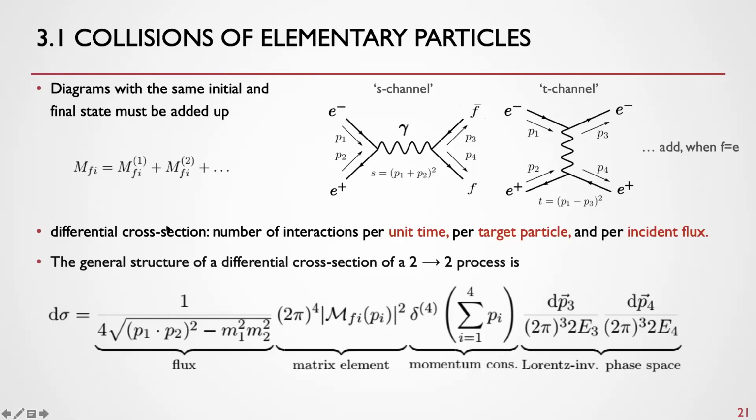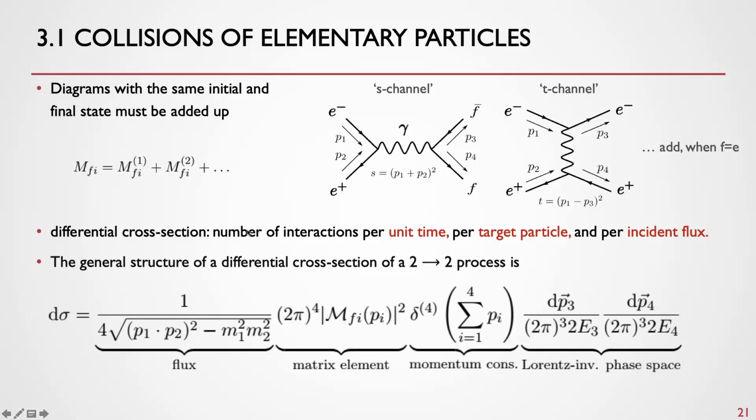We know already what a cross-section is. It has a unit of barn, which is our conventional unit. The differential cross-section is just the cross-section in bins, or as a function of the kinematic observables of, for example, the input or the final state particles.